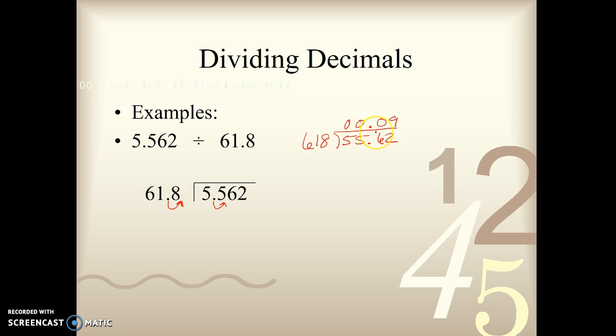We're just ignoring the decimal for a second. So 9, let's go ahead and finish our long division algorithm. 9 times 8 is 72. 9 times 1 is 9, plus 7 is 16. 9 times 6 is 54, plus 1 is 55. And if you finish that off, we get 0. So our answer is 9/100.